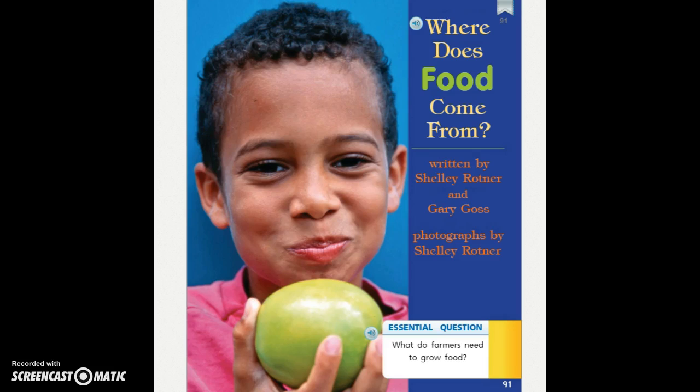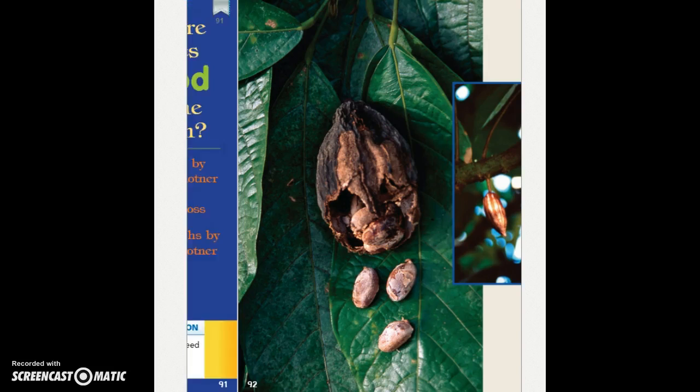Now we're going to preview our text. As we preview, please help me identify features of informational texts, such as photographs and the information that they show. In this story, there are many photographs.